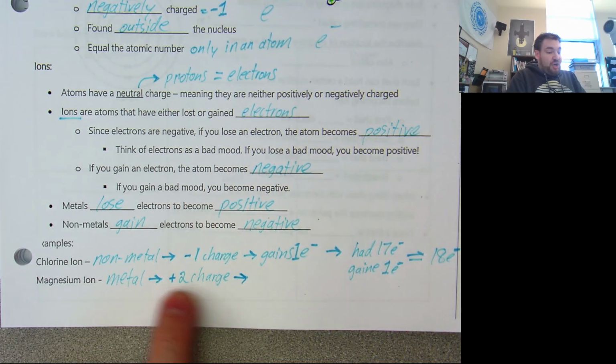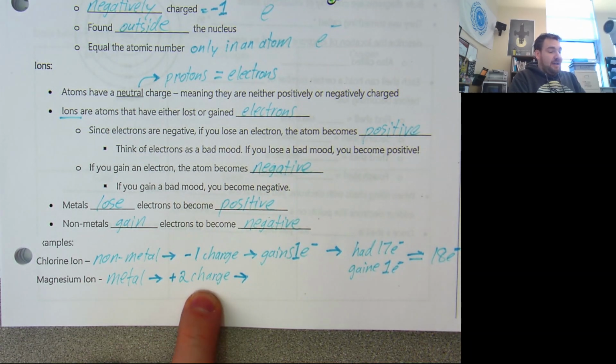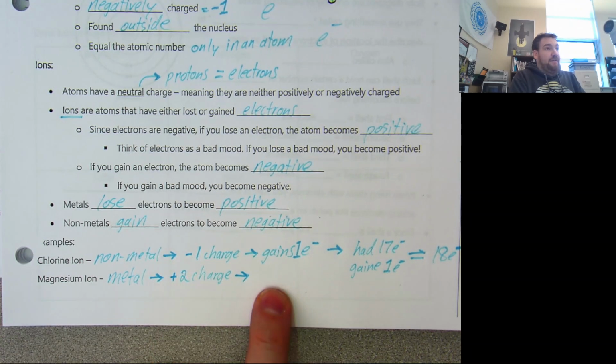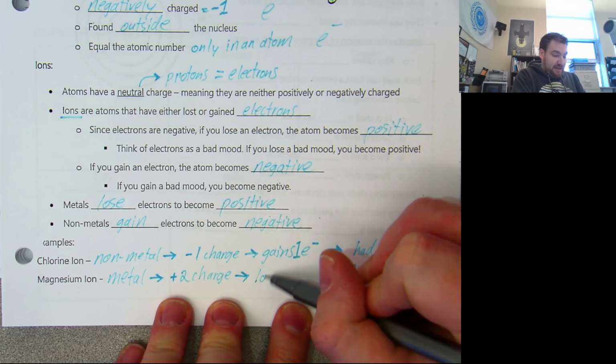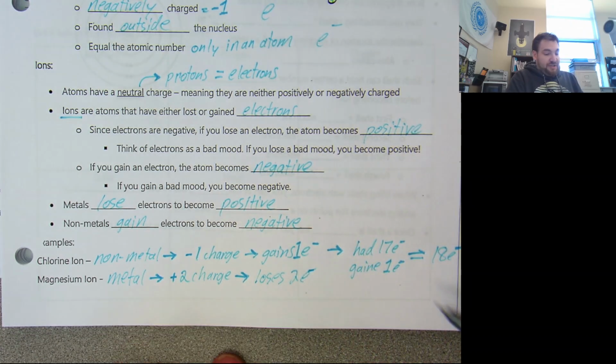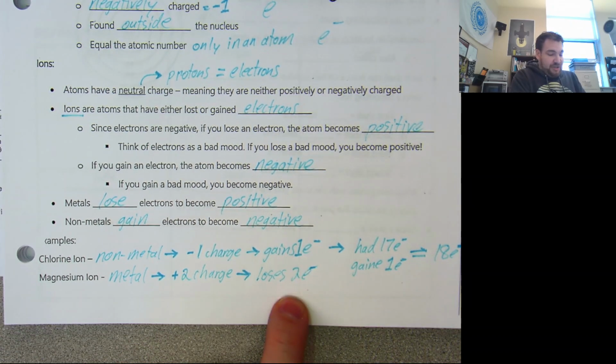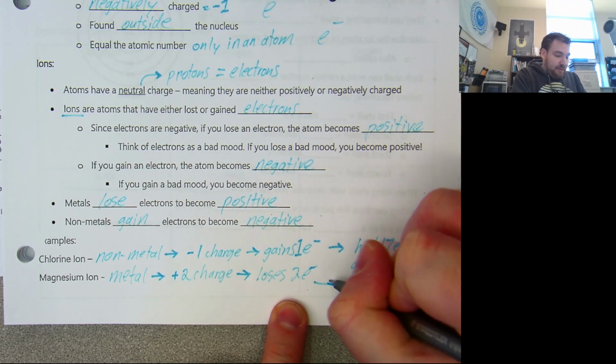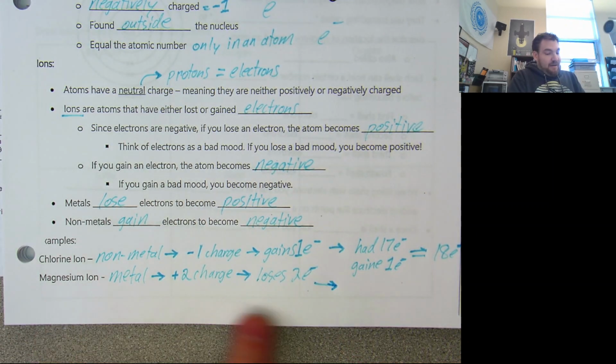To gain a charge of +2, what does it have to do? Yep, how many? Loses 2 electrons. So if you have a positive charge, you've lost electrons. How many electrons did magnesium start with before it became an ion? 12.